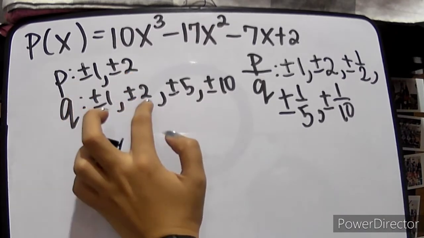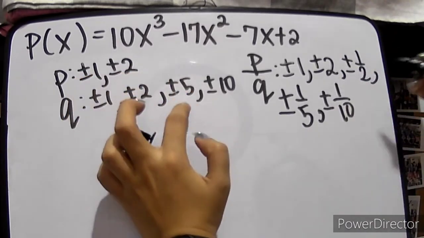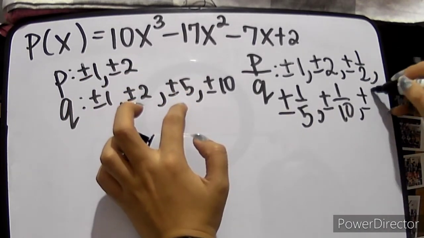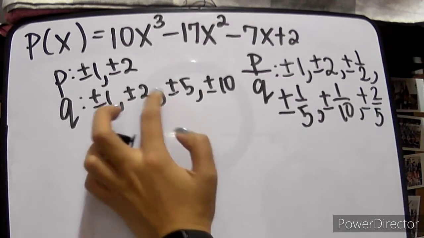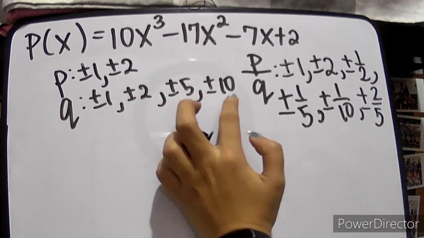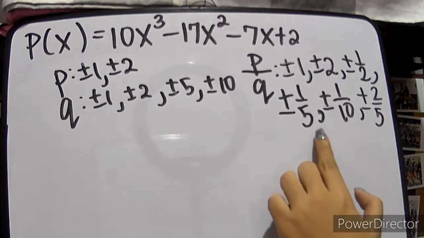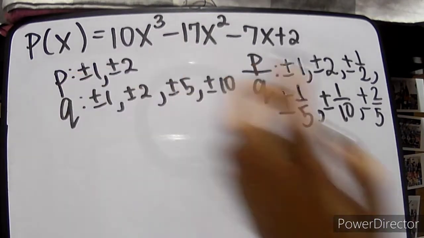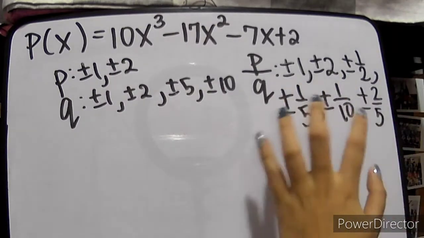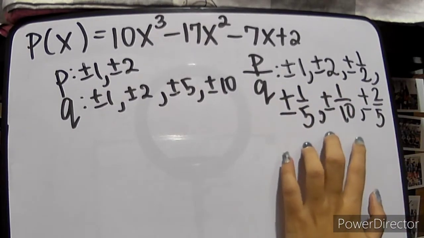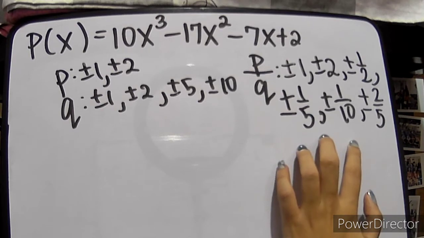And then, 2 over 2 will give us 1. Then, 2 over 5 will give us 2/5. Then, 2 over 10, ang ibibigay sa atin nun ay 1/5. So, since we already have our factor which is 1/5, hindi na natin kailangan isulat yung 2 over 10. So, this is our P over Q. I will just write this.